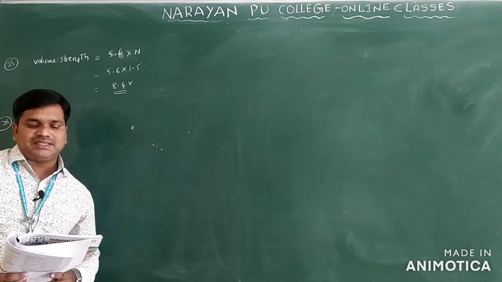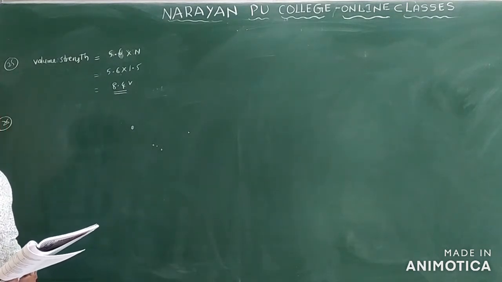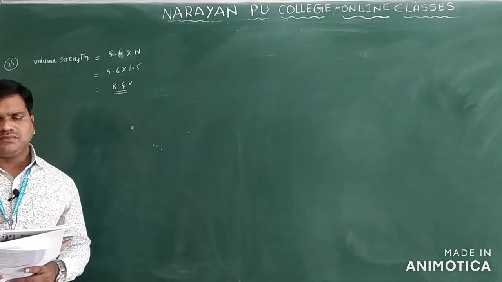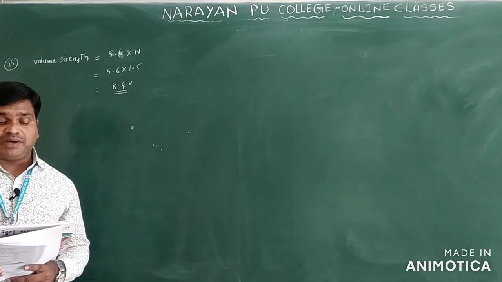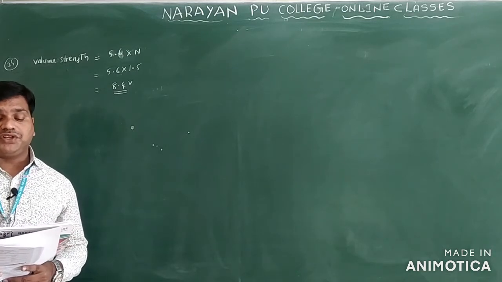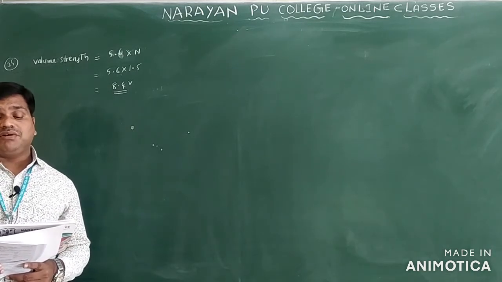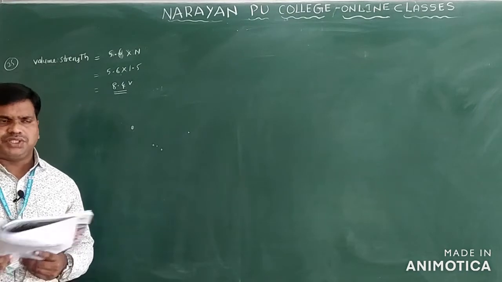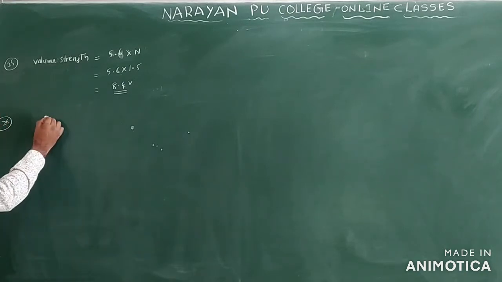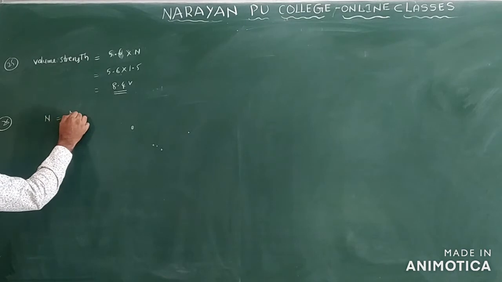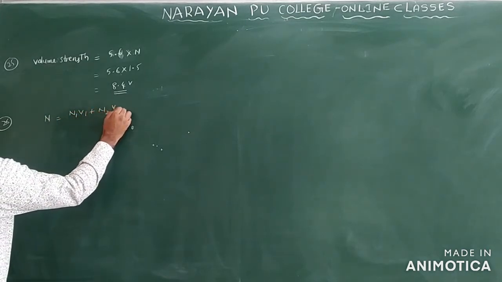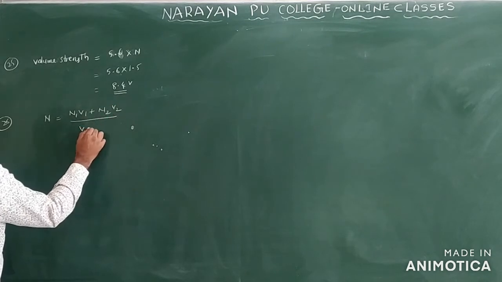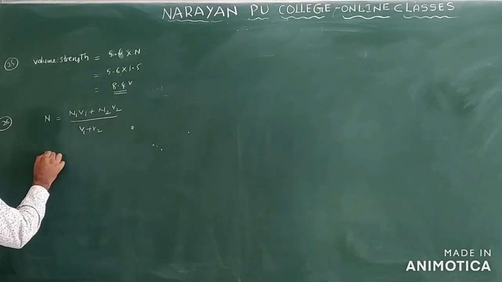See question number 26. Find the volume strength of H2O2 solution prepared by mixing 250 ml of 3 normal H2O2 and 750 ml of 1 normal H2O2 solution. You can say this is the normality of the mixture. So N is equal to N1 V1 plus N2 V2 by V1 plus V2.